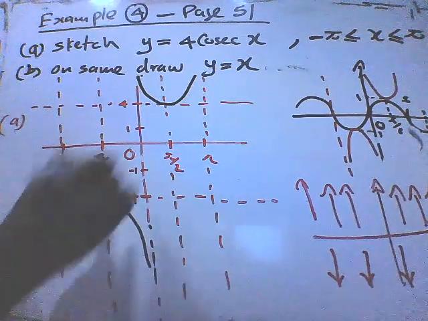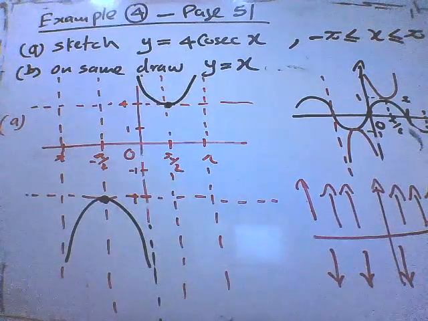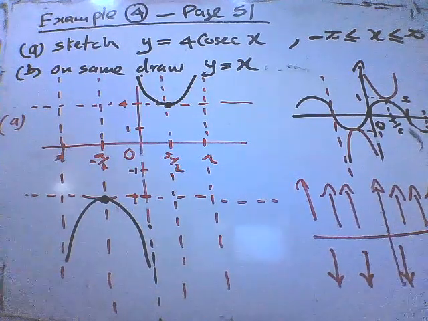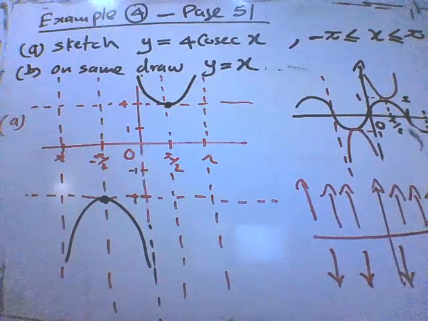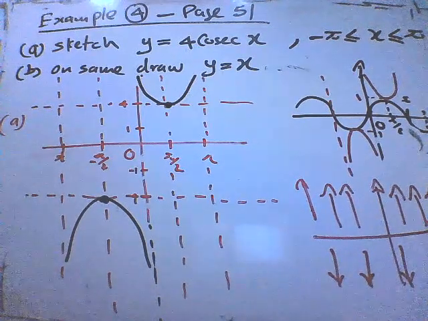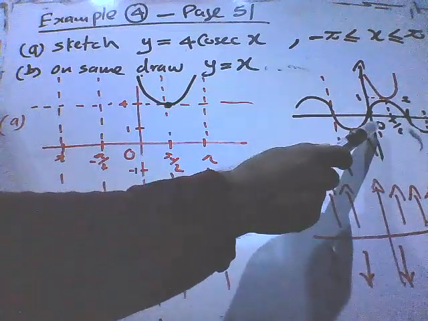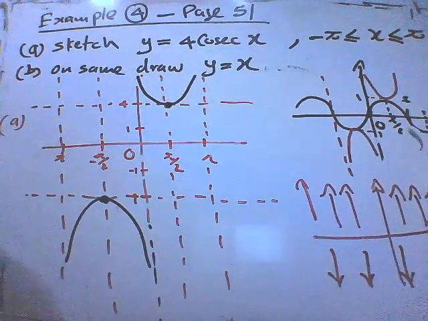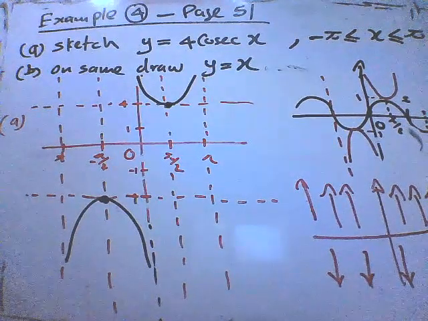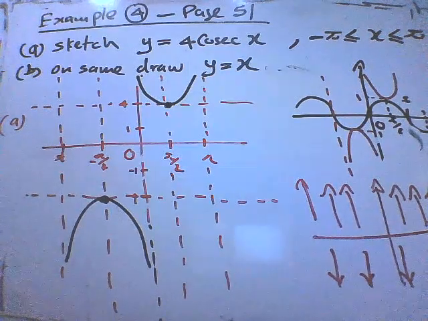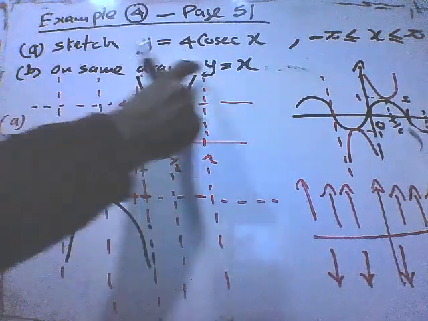So this black color graph is y equals 4 cosec x. I used the stretching and the help of y equals sin x.